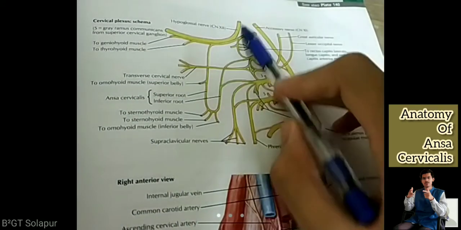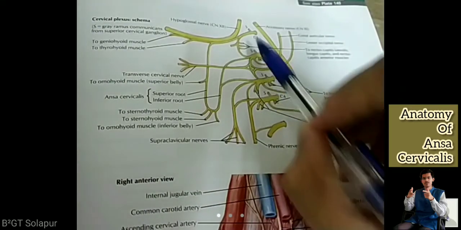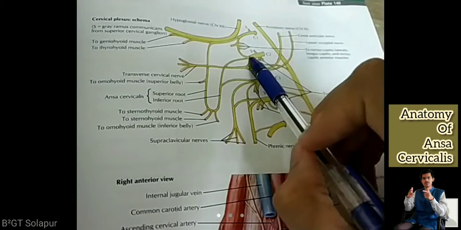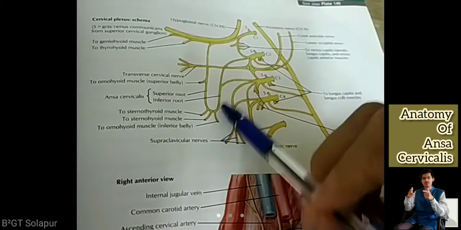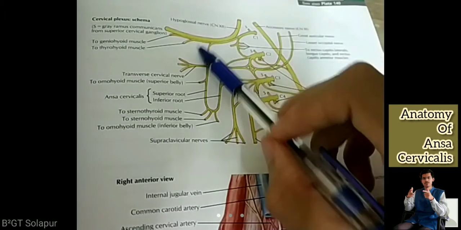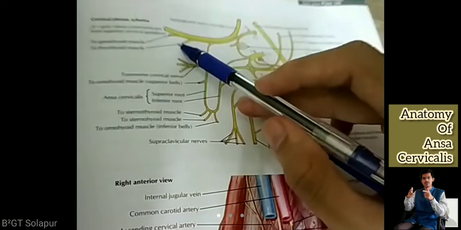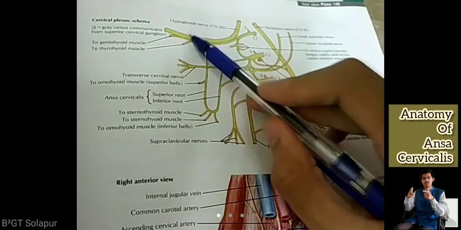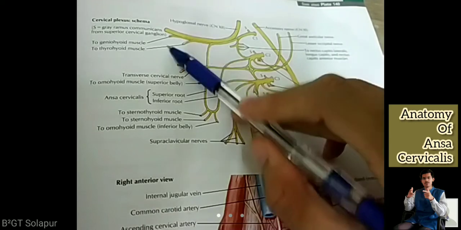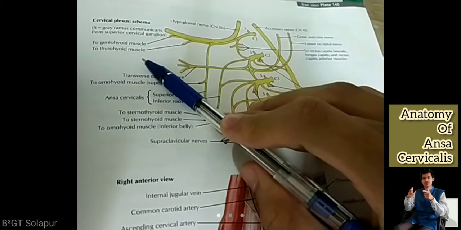This is the hypoglossal nerve, which was present in that diagram, and these are the cervical plexus. So from C1, C2 and C3 there are nerves coming and forming this ansa cervicalis. Are you able to make it? Yes. Now if you see this, two branches from the hypoglossal nerve are going to geniohyoid and thyrohyoid.